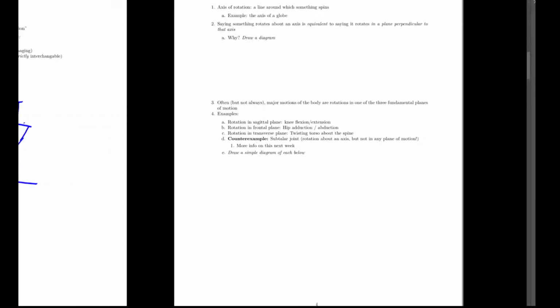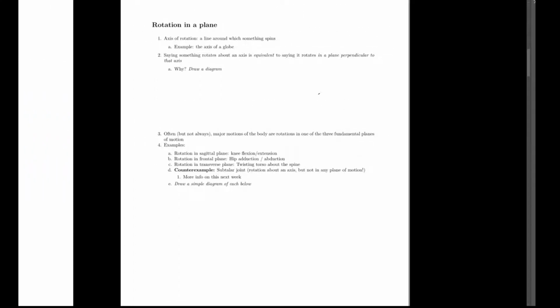And likewise for rotation in a plane. Something that maybe I didn't point out perfectly accurately or in the best detail last week was the fact that talking about an axis of rotation is equivalent to saying something rotates in a plane, and the plane in which something rotates is going to be perpendicular to that axis of rotation.